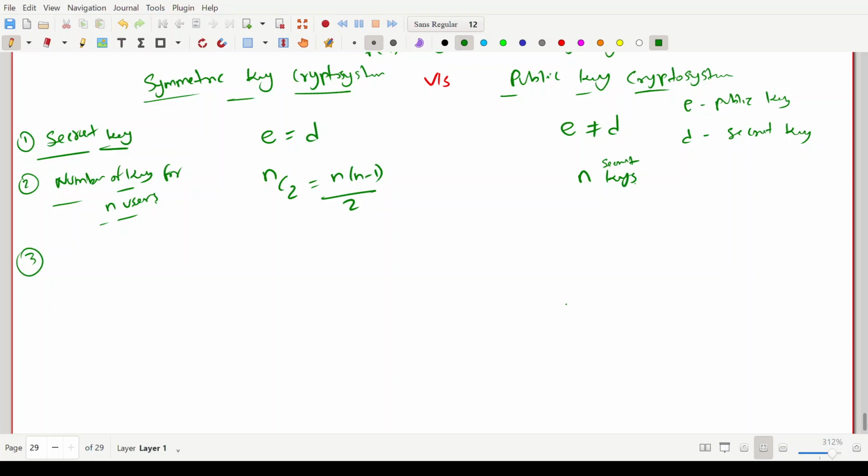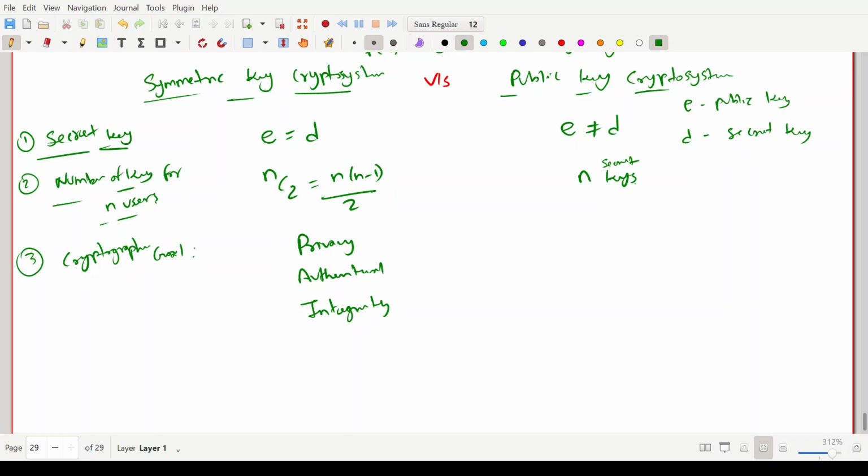And what is the cryptographic goal? It provides three things: privacy, authentication, and integrity. The symmetric key crypto system provides privacy, authentication, and integrity.